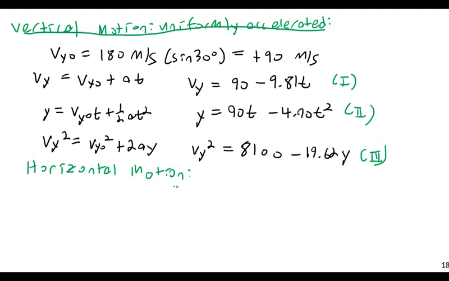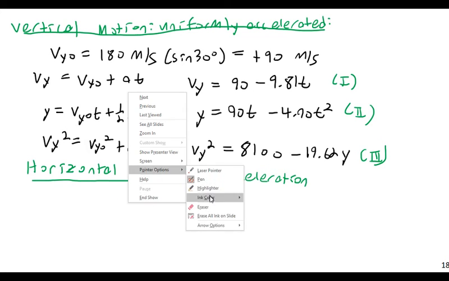This is zero acceleration, or just uniform motion. So I'm going to choose the positive x-axis as moving to the right from the launch point.